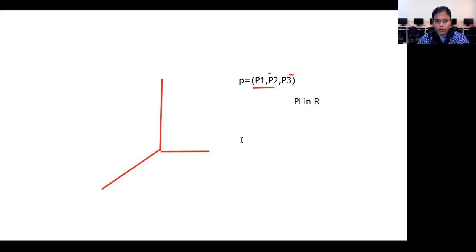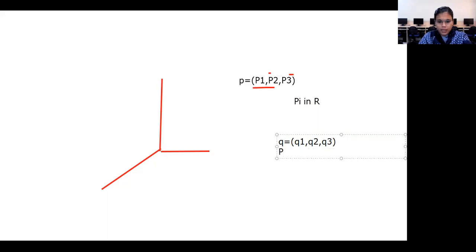Now everyone knows how to do an addition of any two vectors or any two points in an E3 space. So suppose I have two points, say P with the coordinates P1, P2, P3, and Q with the coordinates Q1, Q2, Q3. How are you going to add these two points?